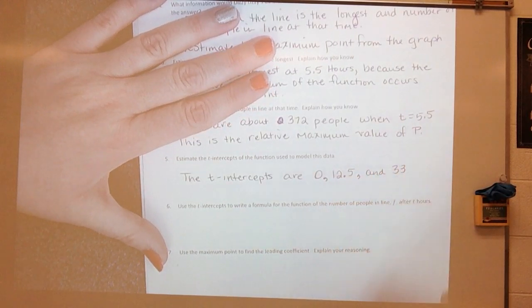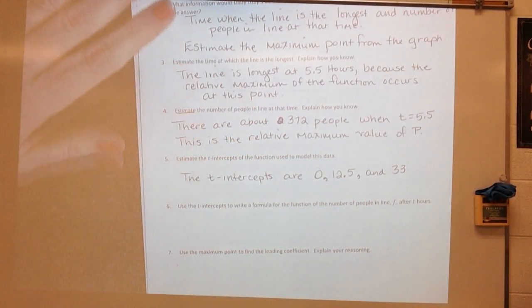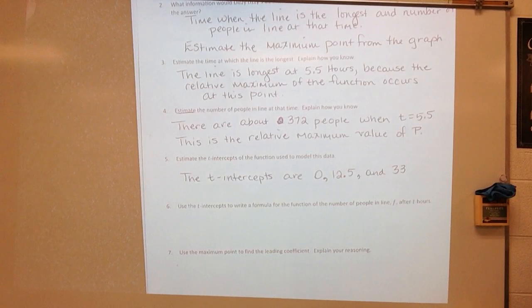Now those are not exact without actually graphing it and putting it on a graphing calculator. Those are about what it looks like. The 0 is exact and the 33 is exact, but 12.5 may be a rough estimate.